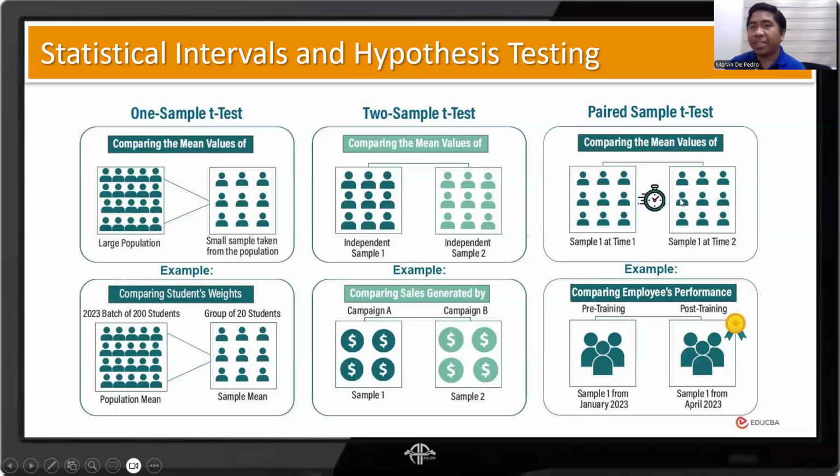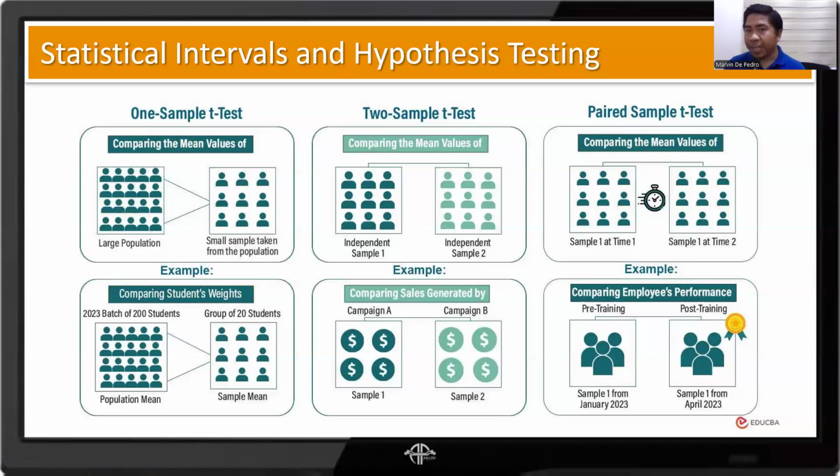Now, this is what I want to introduce here: the paired sample t-test. With this one, we have the same sample, but we are comparing them in two different scenarios, like two different times. For example, we use this for pre-test and post-test. Before the training, we have our respondents take the test and we record their scores.